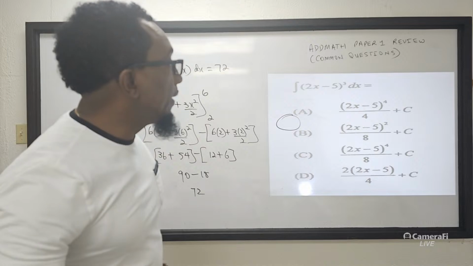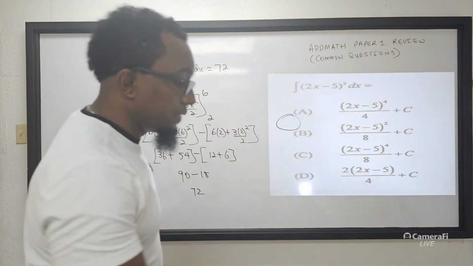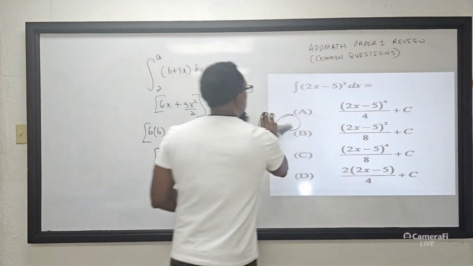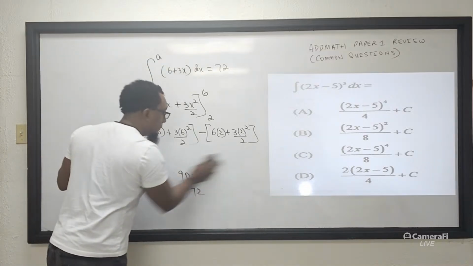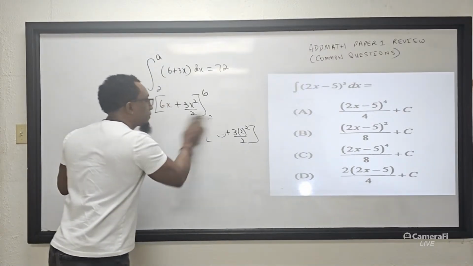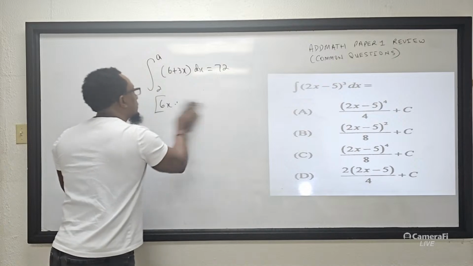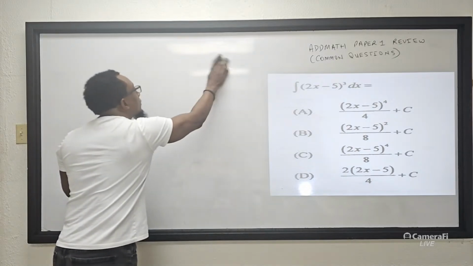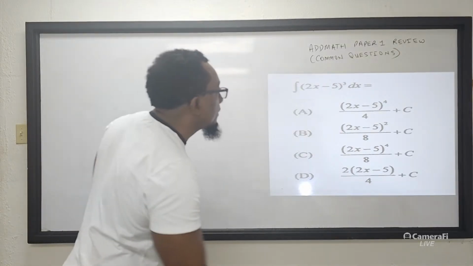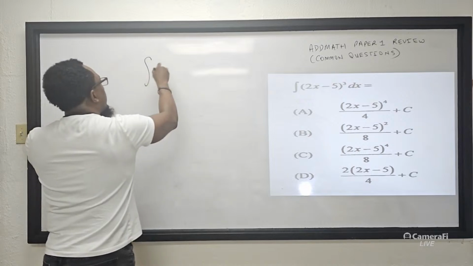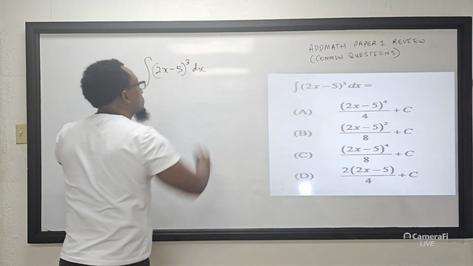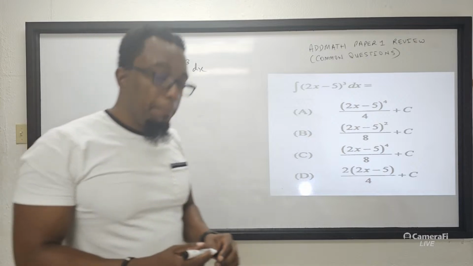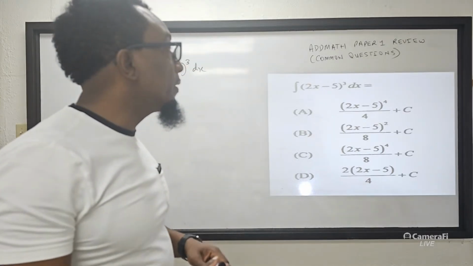We want to integrate that function, which is a composite function. Let's make sure we can integrate a composite function. So this will be, let's integrate the integral of (2x minus 5) brackets cubed dx. So how are we going to integrate a composite function?